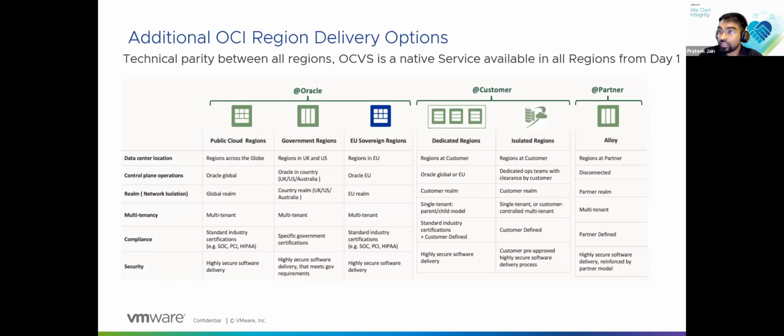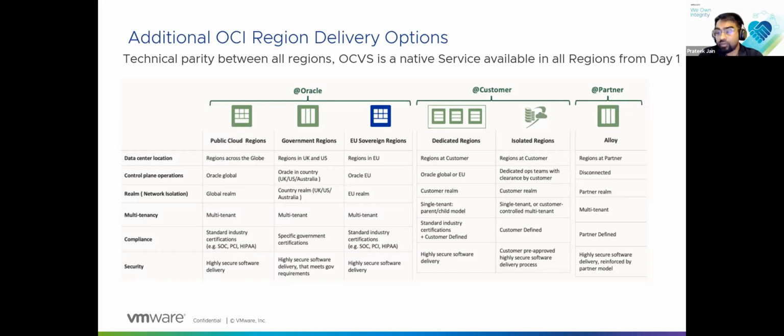You would be using the complete cloud capabilities of Oracle Cloud, including OCVS. You can use 100% of the OCVS capability in that region, but it would be sitting inside your data center. So if you have very specific applications or workloads that need to be on-premise, yet you want the flexibility of cloud, DRCC is one such option available.